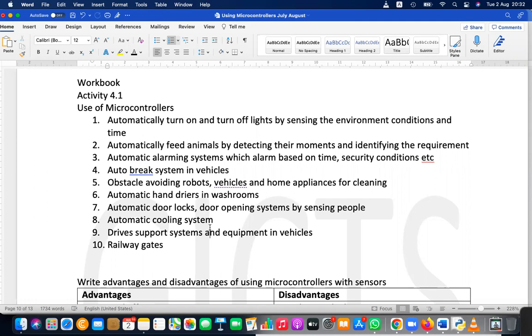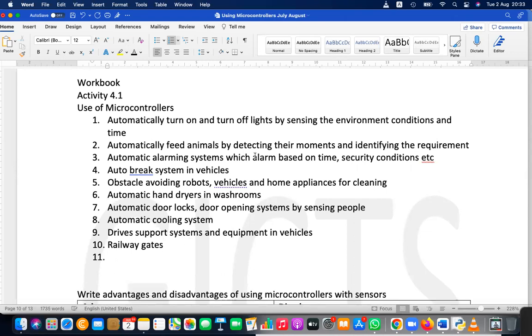Can you tell more? Where else are microcontrollers used? Can you give some ideas? Street lamps, yes. Hand dryer spelling is H-A-N-D D-R-Y-E-R. Street lamps, yes, but I think I have given turn on, turn off lights.